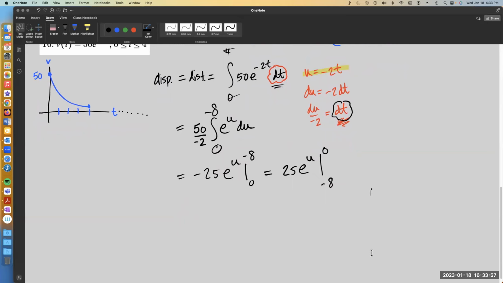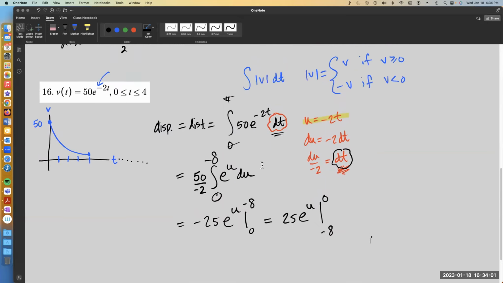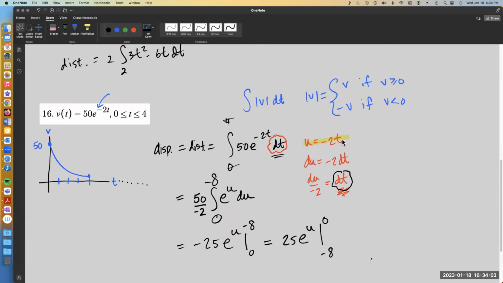I'm just a little confused again. Back to how'd you get -8 and 0? So this statement right here connects t and u. These limits of integration right here are t values. So when t is 0, we plug in 0 right here to figure out what the corresponding u value is.